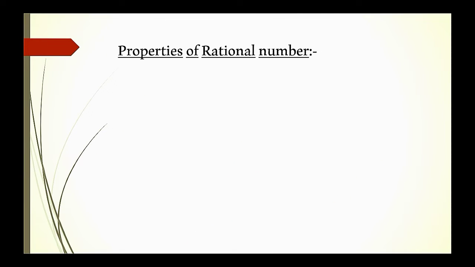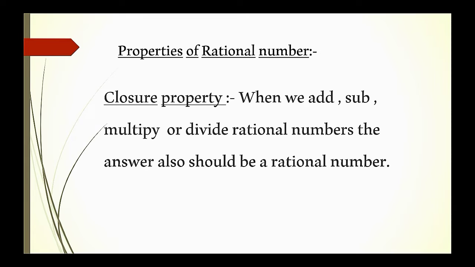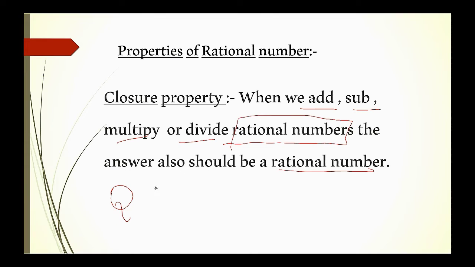Next, properties of rational numbers. Closure property. When we add, subtract, multiply or divide rational numbers, our topic being rational numbers, the answer also should be a rational number. Let us take a rational number. Rational numbers are denoted by Q, right?